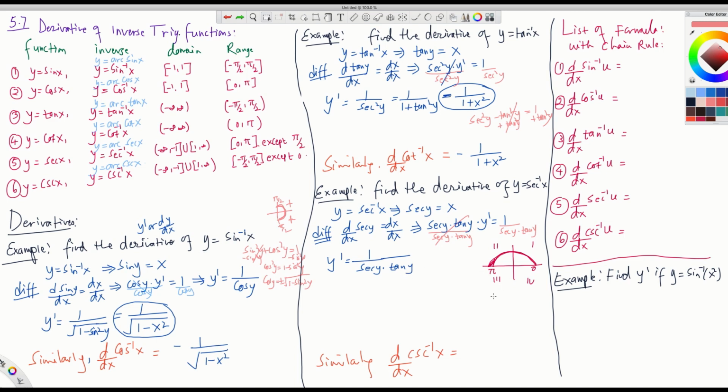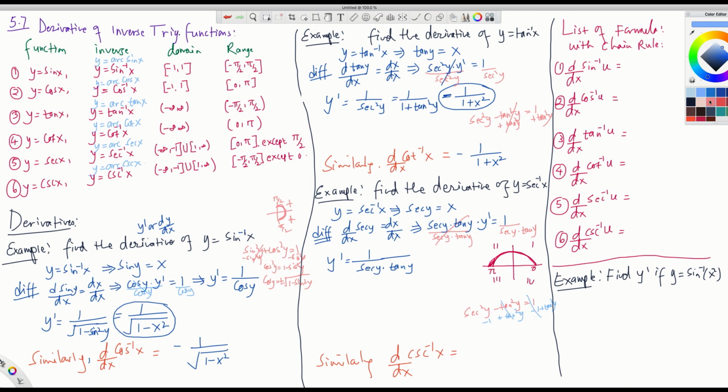Let me write down that secant square y minus tangent square y equals 1. What I want to do here is subtract 1 and add tangent square y on both sides. You cancel the 1 and 1, you cancel the tangent square y and tangent square y.